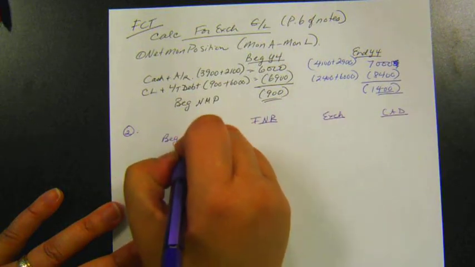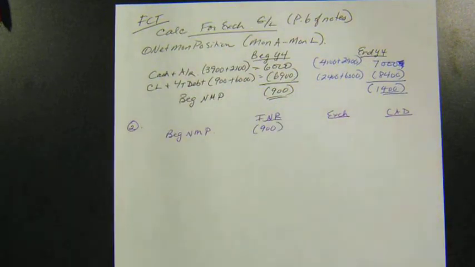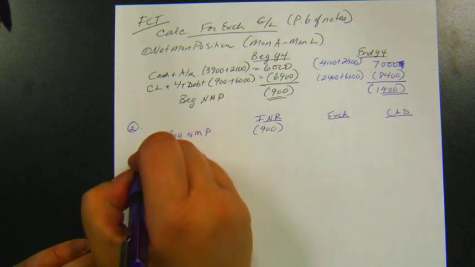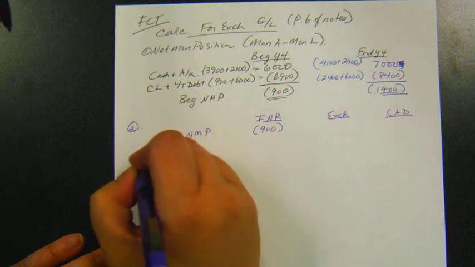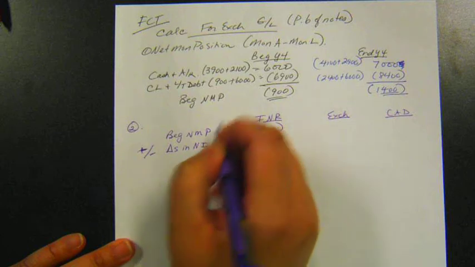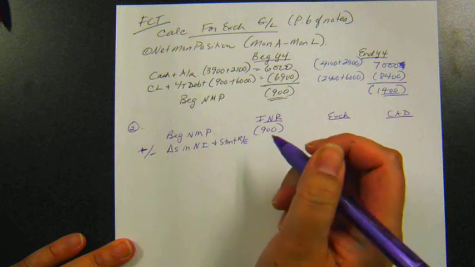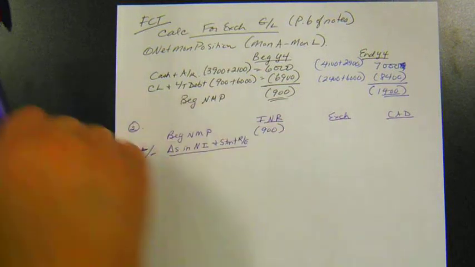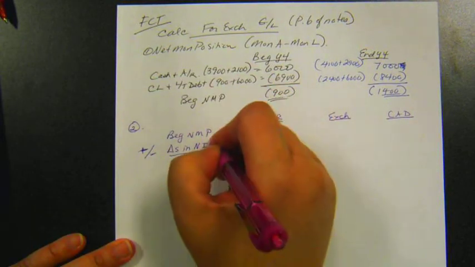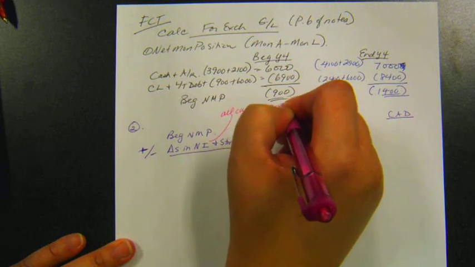And we start with beginning net monetary position, which then we add or subtract changes in net income and statement of retained earnings. So that is really all the cash changes.